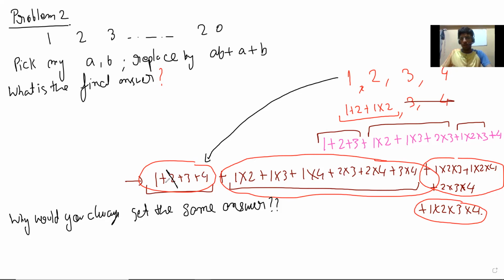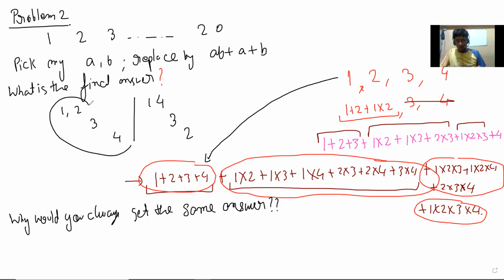Let's say I got this answer when I first chose 1 and 2, took their answer, then chose 3 and combined it, took their answer, and combined it with 4. If I got this answer, then if I make the order 1 and 4, I first pick 1 and 4, take the answer, combine it with 3, take the answer and combine it with 2.